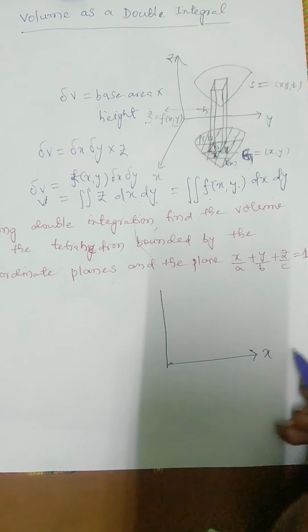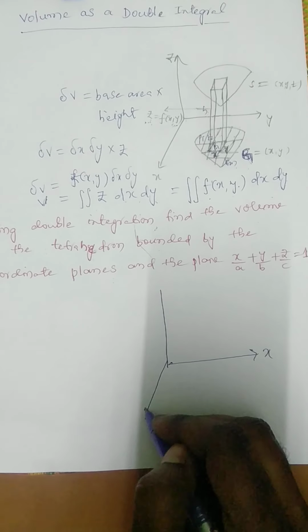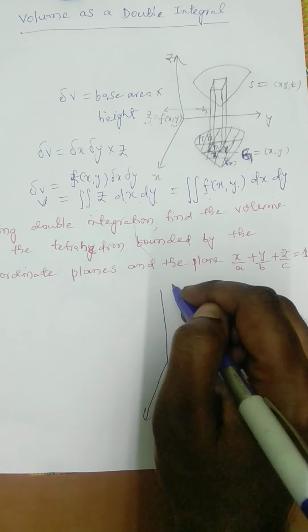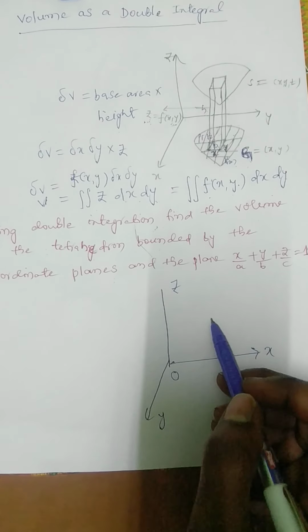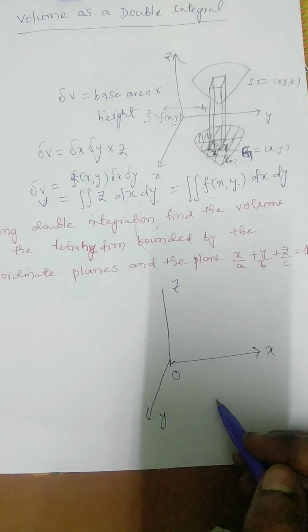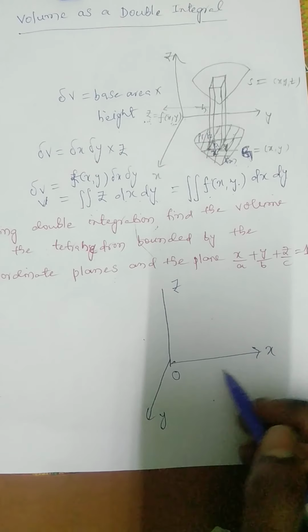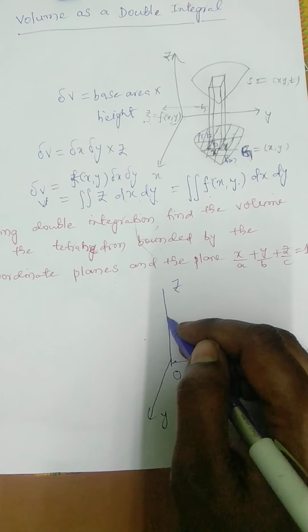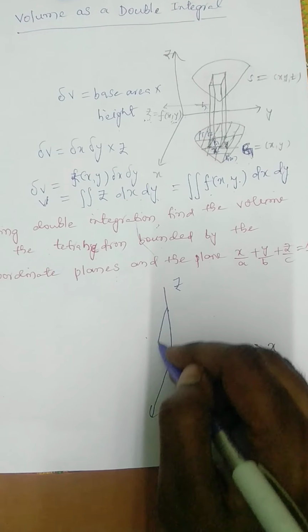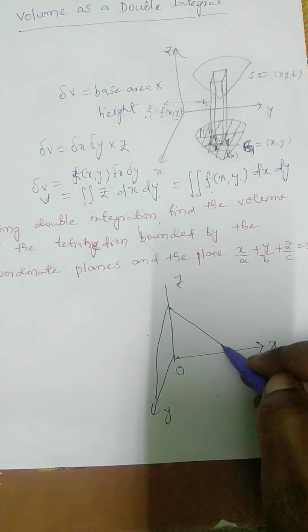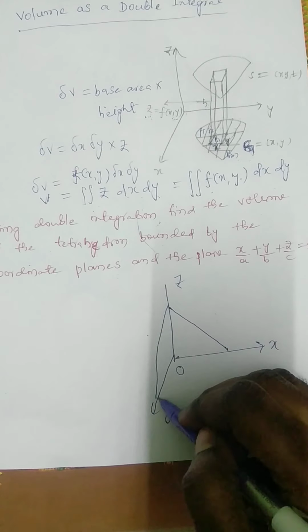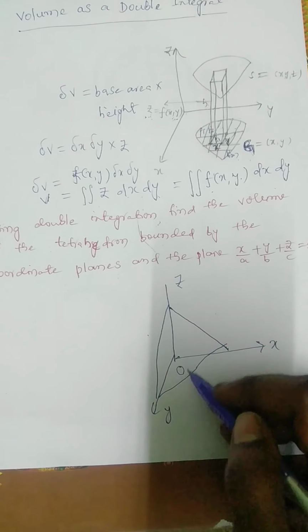This is the x-axis, y-axis, z-axis. The tetrahedron, this origin, is bounded by the xz plane, yz plane, and xy plane.